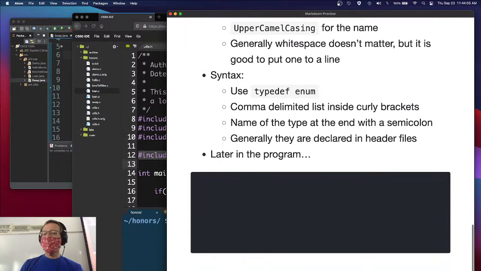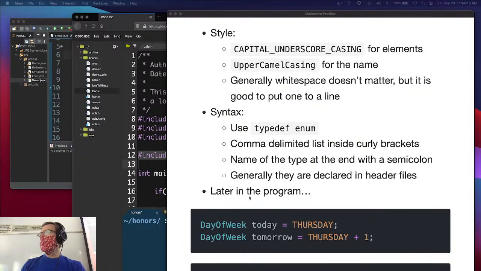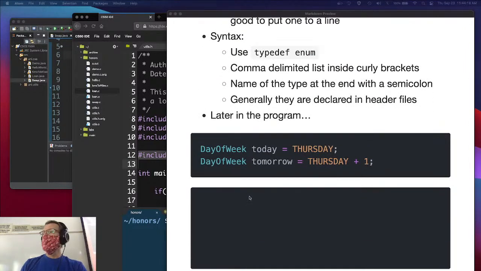Okay? So again, later in the program, what you can do is things like this. So today is Thursday, right? Yeah. There we go. DayOfWeek today is THURSDAY. Tomorrow is THURSDAY plus 1, which would be FRIDAY.